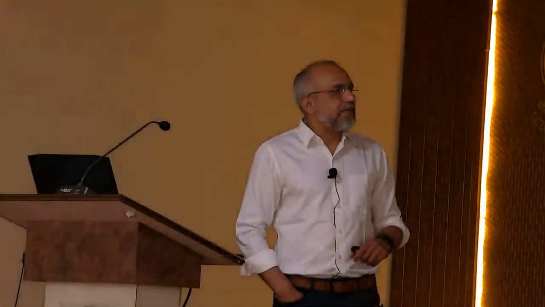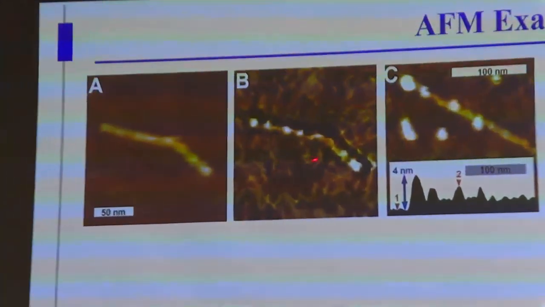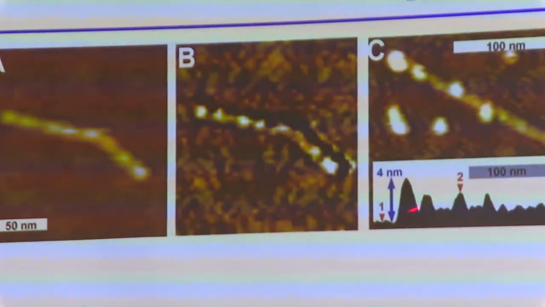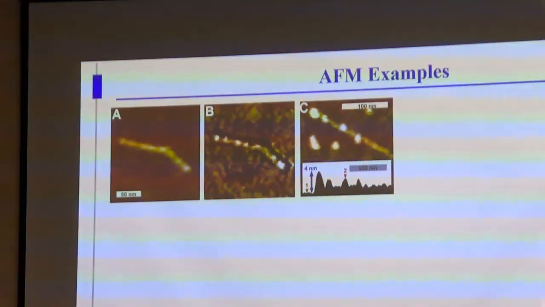The first one is a carbon nanotube, on which we have selectively deposited particles. Here the height of the particles is clearly visible, so you can find out the size of those particles on the carbon nanotube.